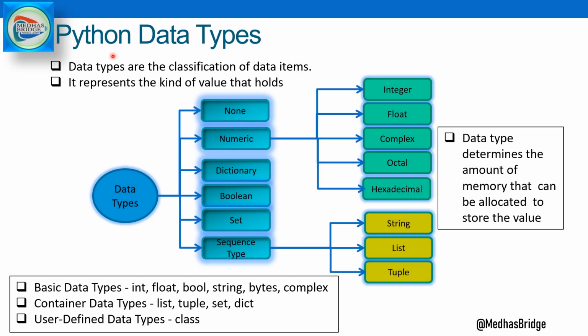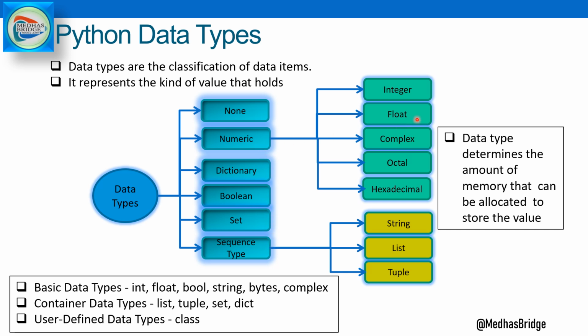Let us go through Python data types. Data types are the classification of data items. They represent the kind of value that a variable holds. Data types determine the amount of memory that can be allocated to store the value. Here are the data types: none, numeric, dictionary, boolean, set, sequence type.